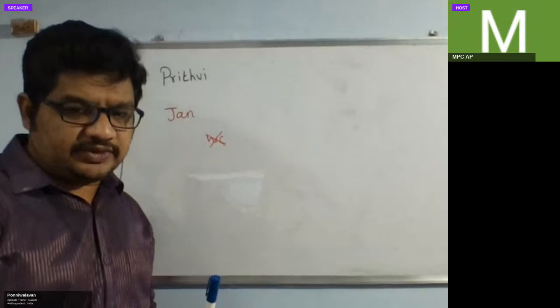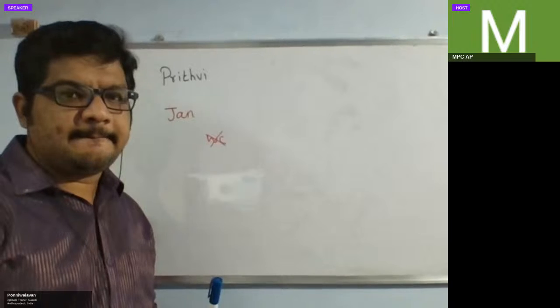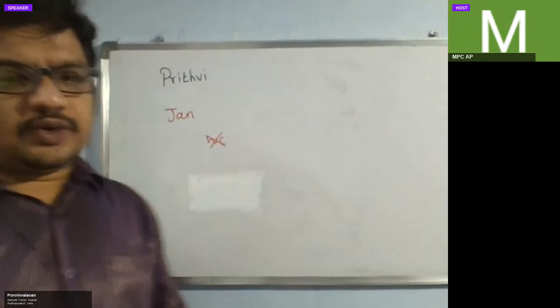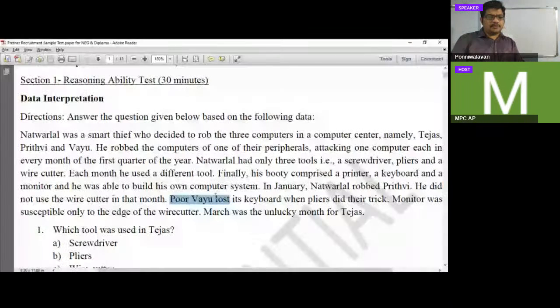Okay, next one. What is the next point? Poor Vayu lost its keyboard when pliers did their trick.